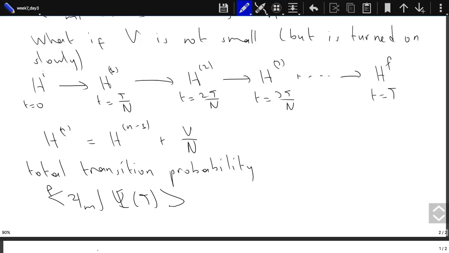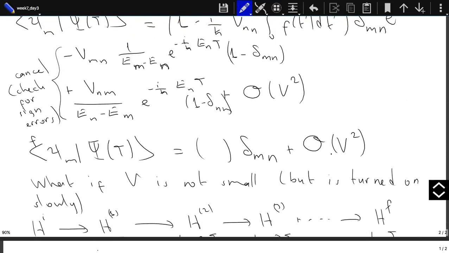Now at every step, for m not equal to n, the transition probability to a different state will be equal to V over N squared. That is what we had shown over here. Corrections to this one are of the order of V squared.